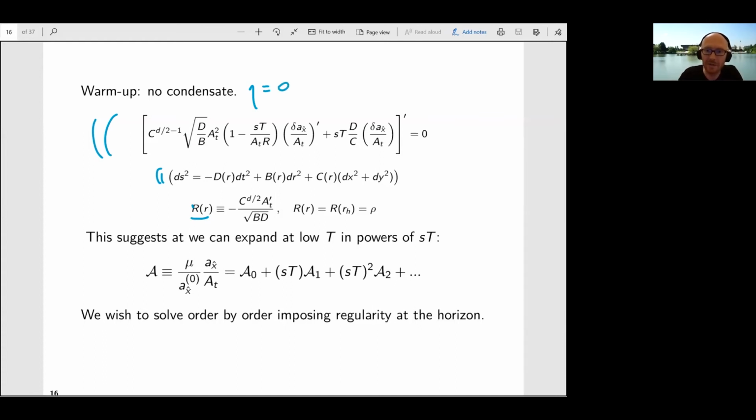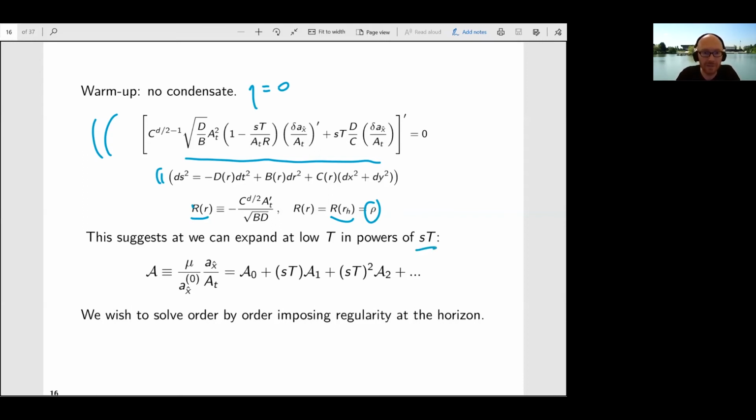Then this electric flux is simply the charge density at the boundary, but it's also the charge carried by the horizon. These quantities are equal. The way I've written this equation, which is maybe a slightly unusual form for people familiar with this type of computation, suggests that I can expand it at low T in powers of sT.